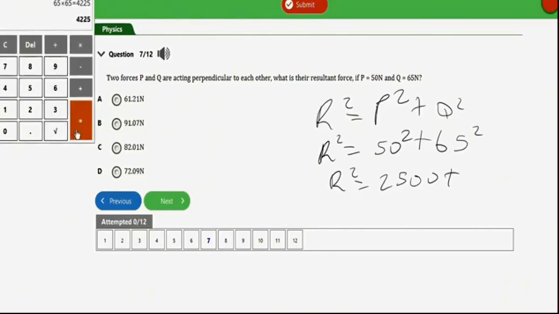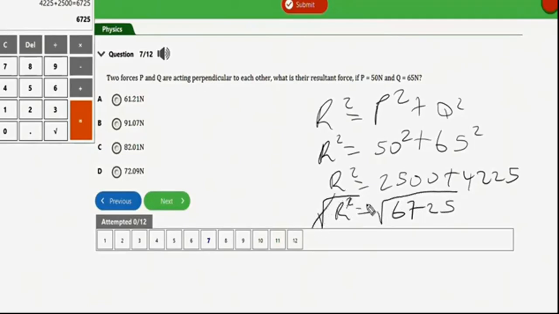This will give us 4225. Now what we're going to do will be to sum them, 4225 plus 2500. So at this juncture we are left with R square equals 6725. So you square root both sides, remove the square here.